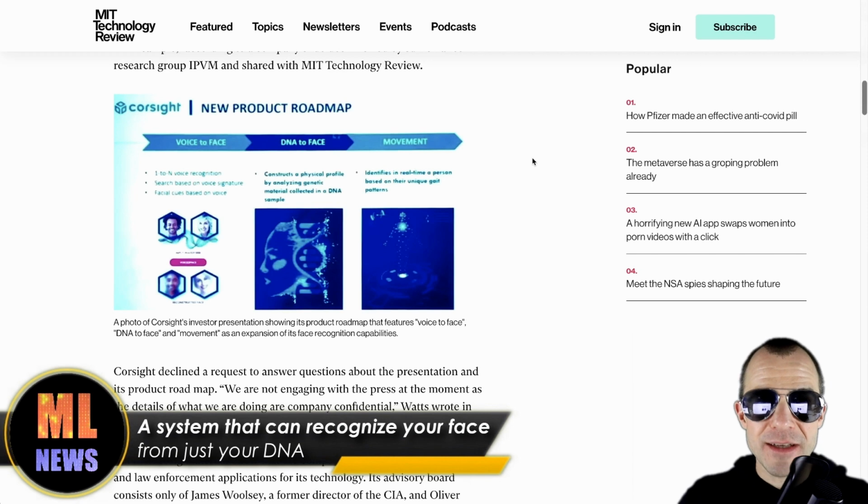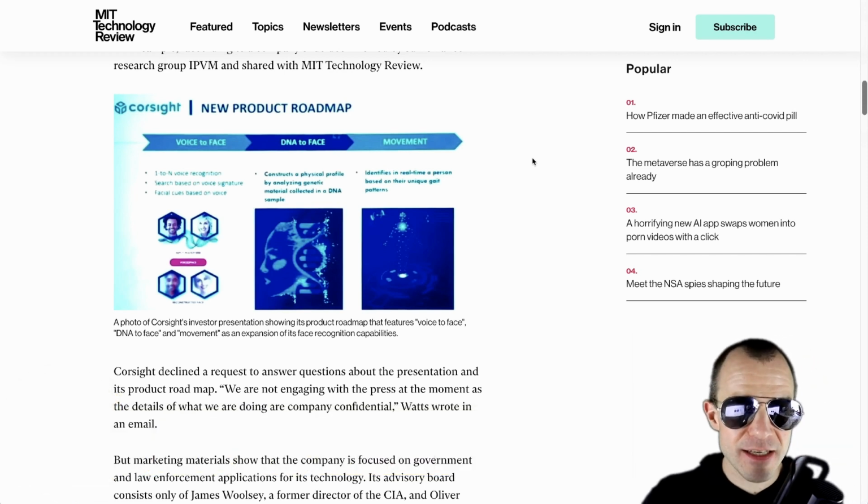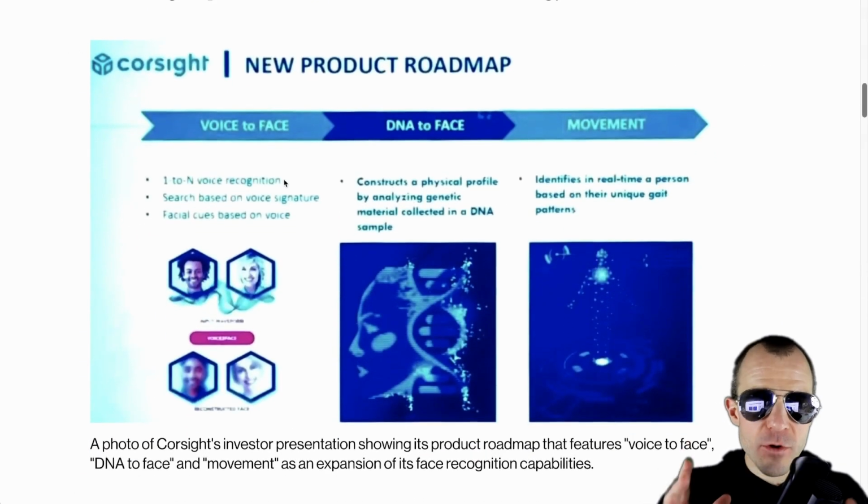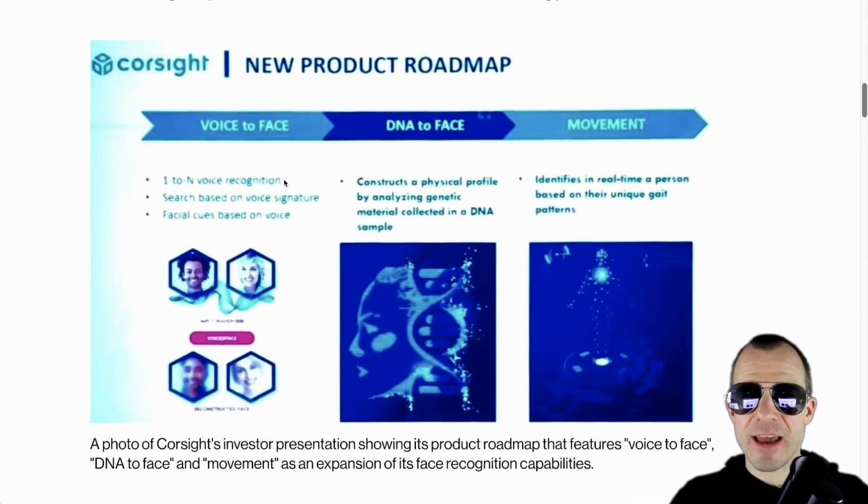And you might debate the merits or unmerits of that in a separate topic. But the particular question of can we actually get someone's facial features from their DNA is highly debated. Just to be said, the company isn't only focused on that, it's called CoreSight, and they have different plans. These are not systems that run right now, these are future plans. One of them is this DNA to face thing.